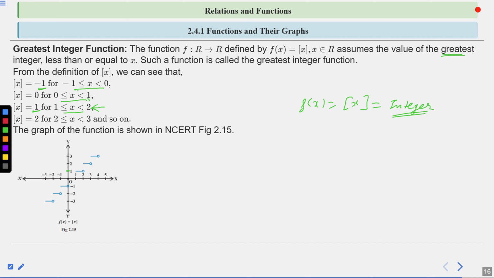What we want is the greatest integer less than or equal to x. So the greatest integer function will always give me an integer value. Is it clear? First thing first, is this clear?